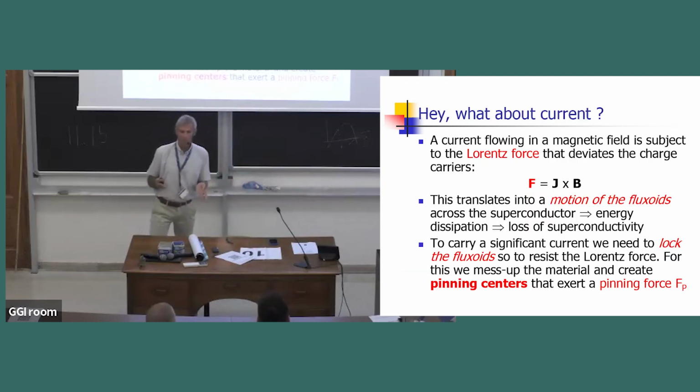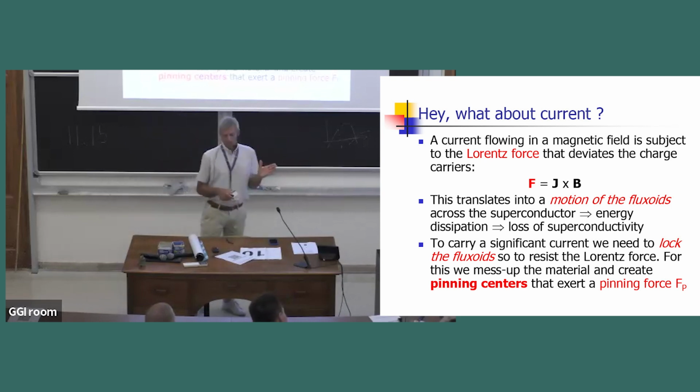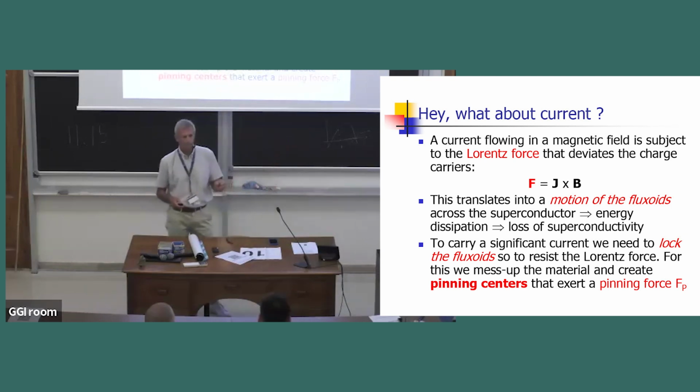Now, what about the current? Actually, you know from yesterday, you need current to generate a magnetic field. You don't need critical temperature, you don't need critical field. So, if you have a current flowing in that material, type 1 and type 2, the current generates a field, and the field and the current generate a force, and the force makes the current move.